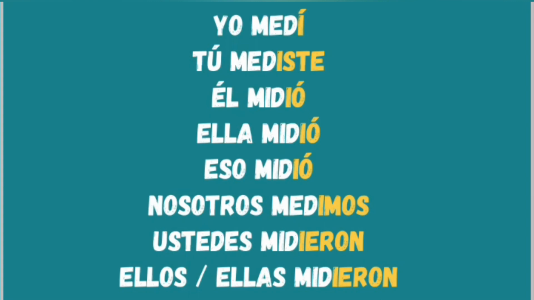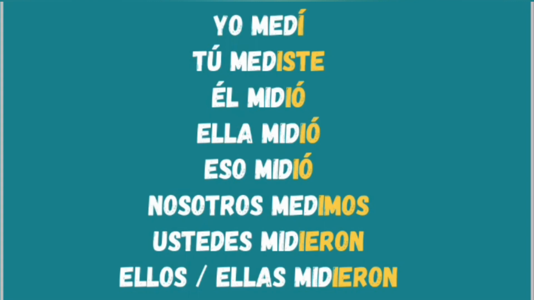Now, if you want to say we measured, then you have to say nosotros medimos. Okay? Now we have the root word med. Now, if you want to say you measured, then you have to say in Spanish, ustedes midieron. Okay, and then again, the root word is mid.